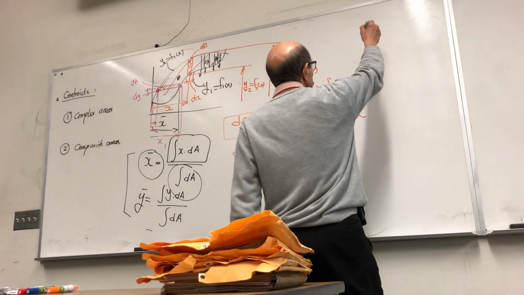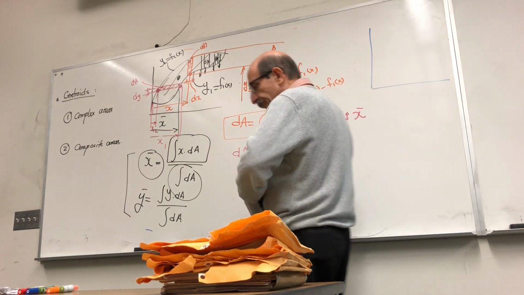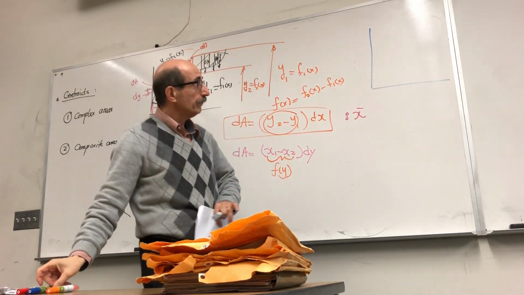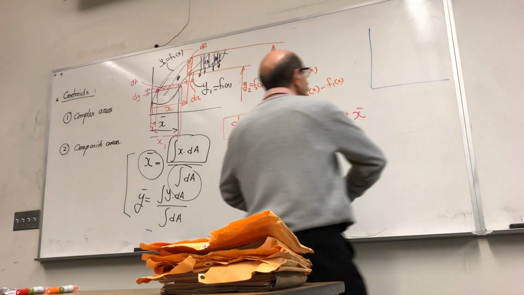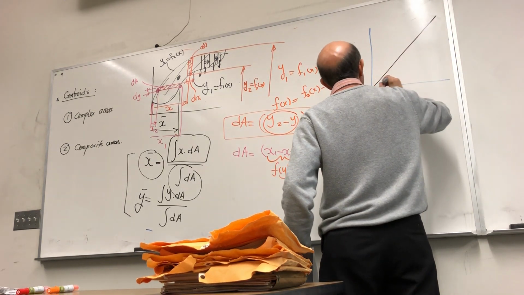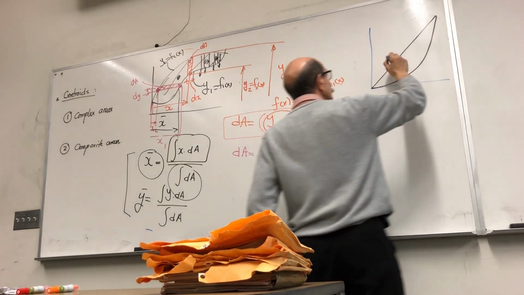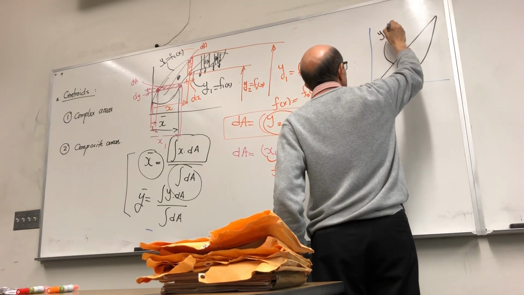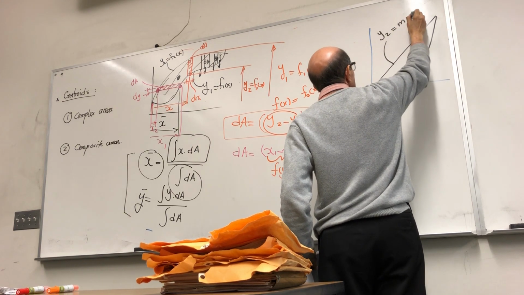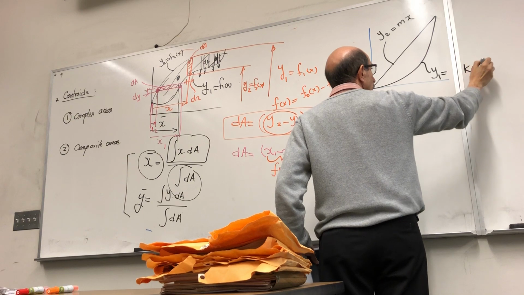So I'm going to start with an example, and this is the example. Let's say you have an area described or given by the intersection of two functions. This function, I call y2, is mx. This one, y1, is kx squared.